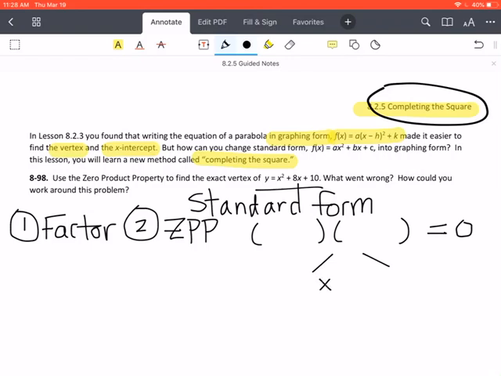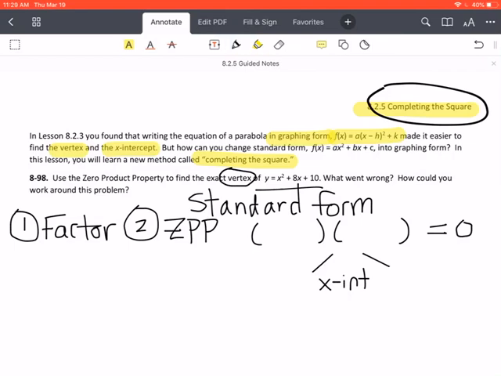So again, this is to find those x-intercepts. Now you might say, Ms. Steffen, it asked for the vertex. Well, what do we know about the vertex? We know that the vertex is exactly in between the x-intercepts. So that was where we added the x-intercepts up and divided it by 2, and that gave us that line of symmetry where the vertex was.